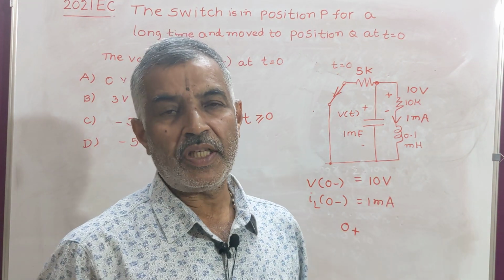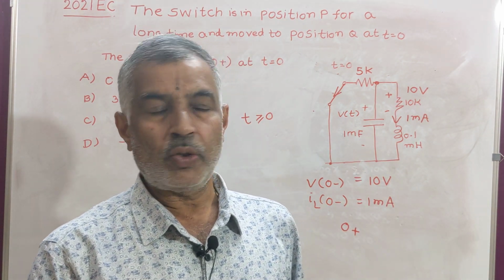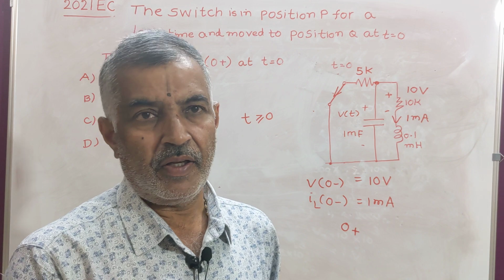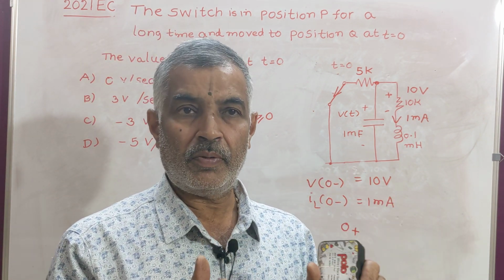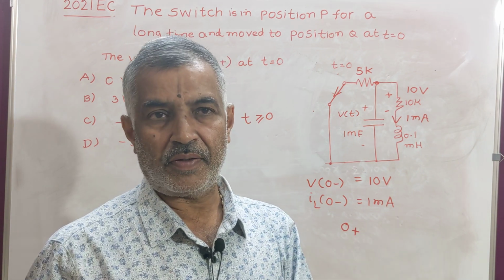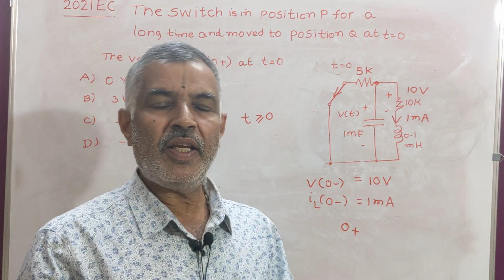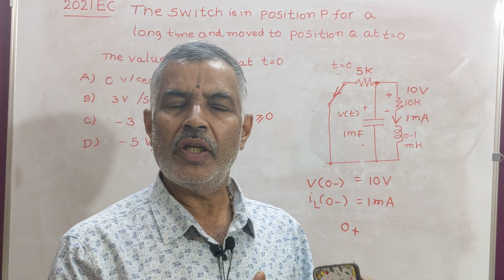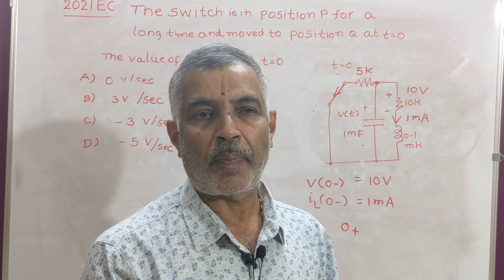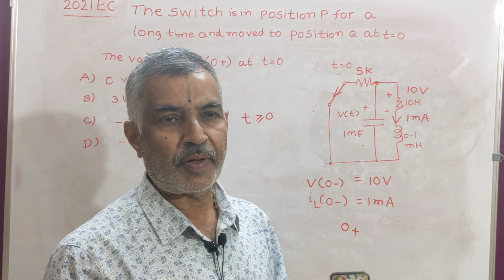So the inductor is like inertia. You know that in mechanics, a body having inertia cannot be set into motion if it is at rest, or if a body having inertia is already in motion, it can't suddenly stop. That is the inertia concept.